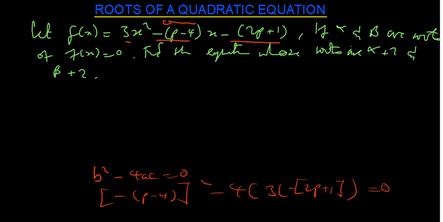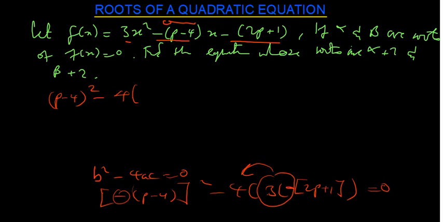So what we are solving for here is, now if we square this part, this negative is going to cancel with the square. So what we are going to remain with is (p minus 4) squared, then minus 4 open brackets. We have got a negative here, so 3 by this negative, it will be negative 3, and then that negative 3 multiplied by this negative 4 will be positive 12.